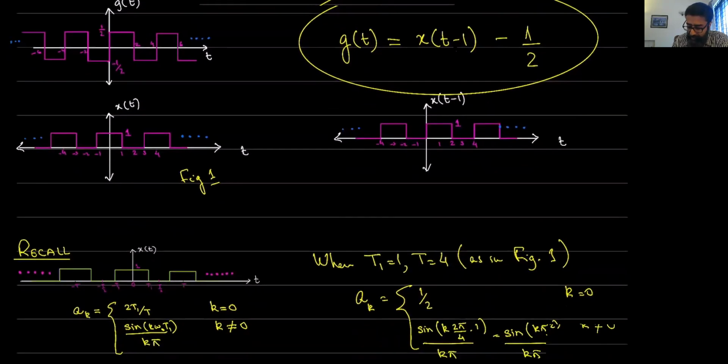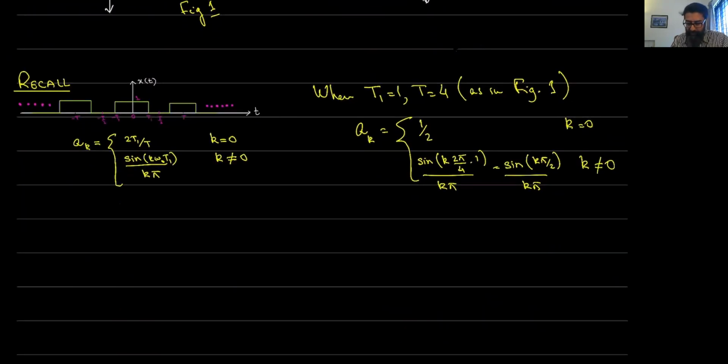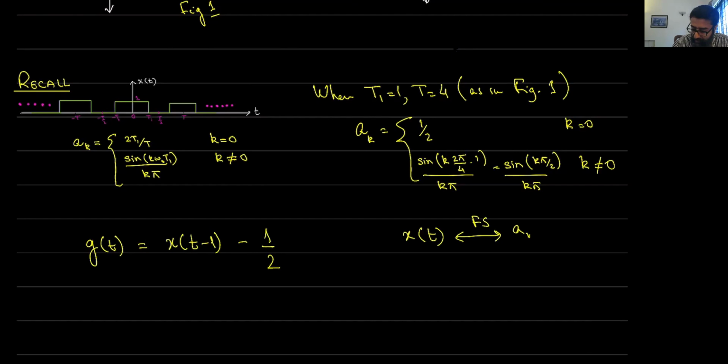So g of t, as we saw in the beginning on the screen above, is equal to x of t minus 1 minus half. And the Fourier series coefficients of x of t are these a_k's that you see up above.